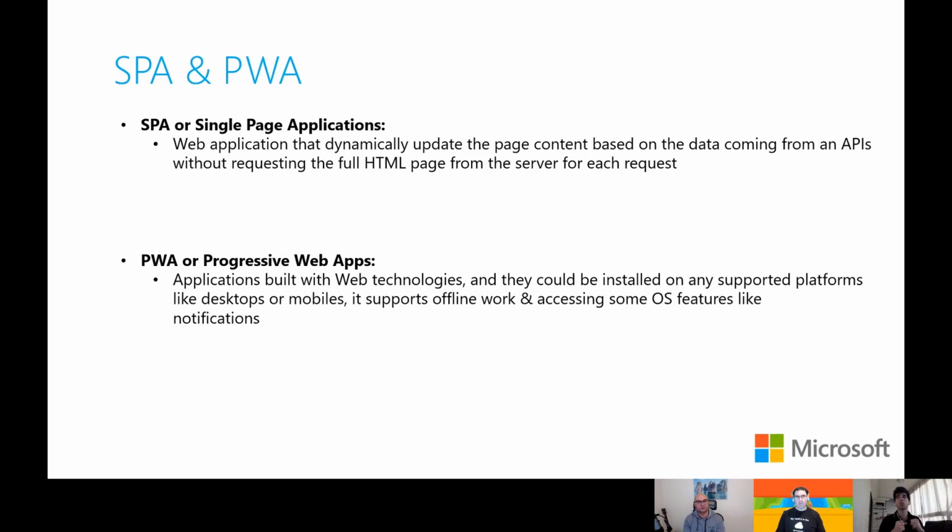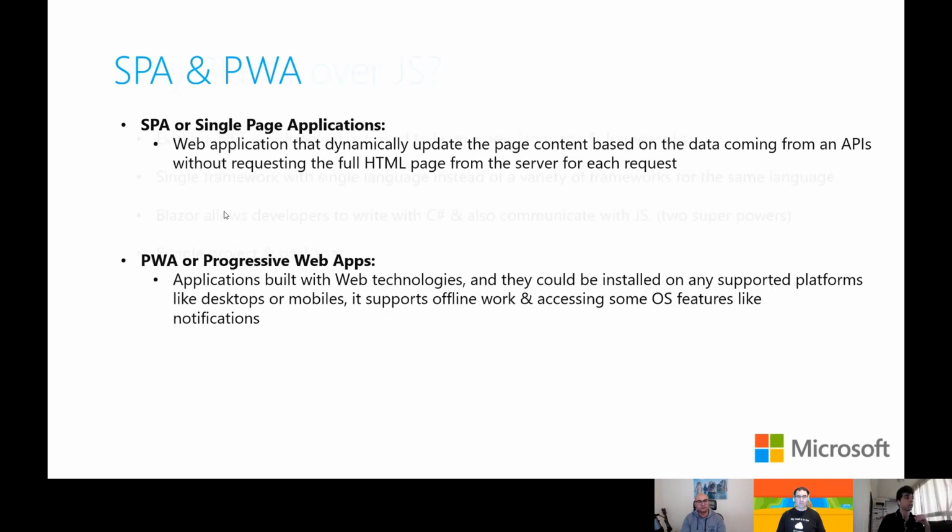So you could take advantage of those capabilities to run the application directly from your home screen. It runs in its own UI, so it feels like a native desktop application, and it could run offline, and you could access some OS capabilities like notifications, even if your browser is closed. So it's a very great thing that we can definitely do with Blazor WebAssembly: build amazing single-page applications and progressive web apps.